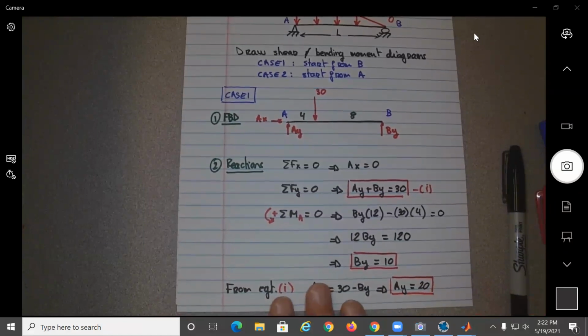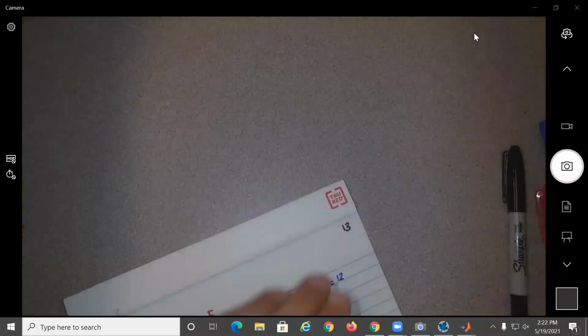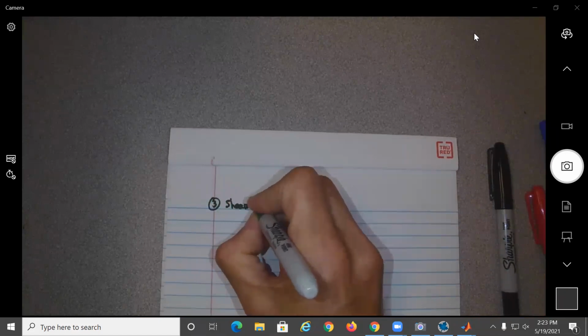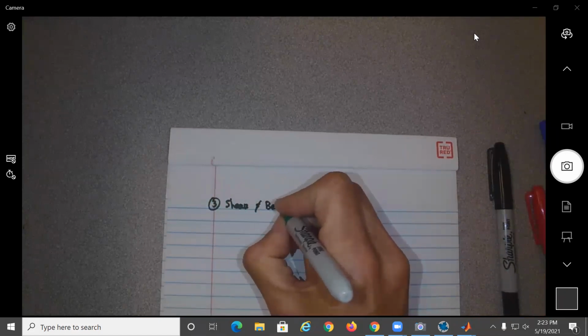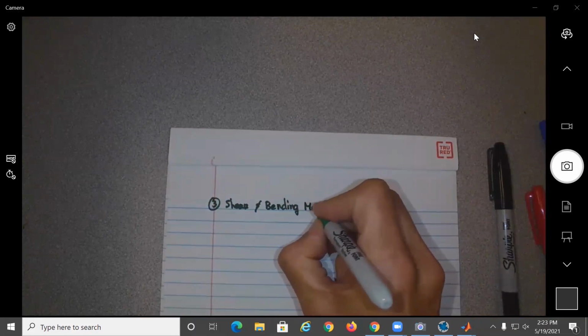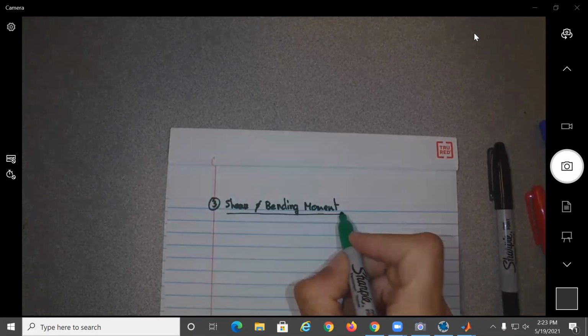Okay, so we don't have to redo that. So part 3, shear and bending moment.